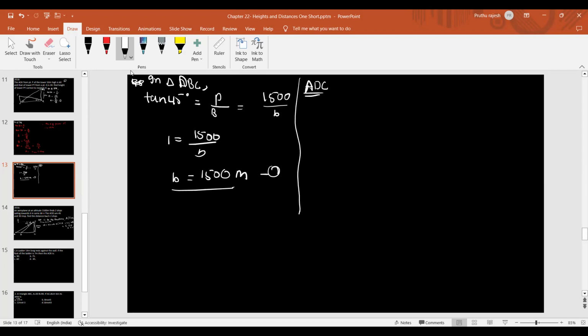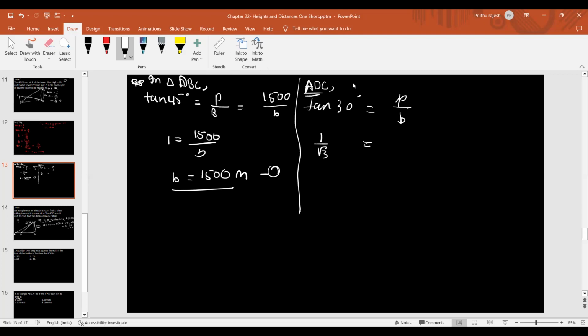In triangle ADC, tan 30 equal to DC divided by AC. So DC is perpendicular divided by base. Tan 30, as we know, is 1 by root 3.